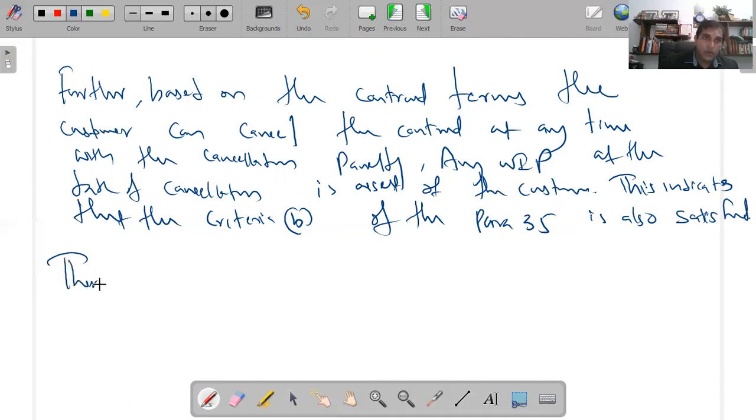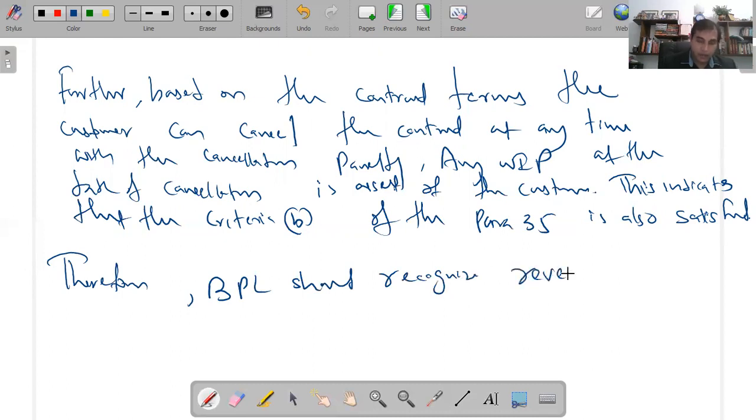Therefore, BPL should recognize revenue from this contract over time.